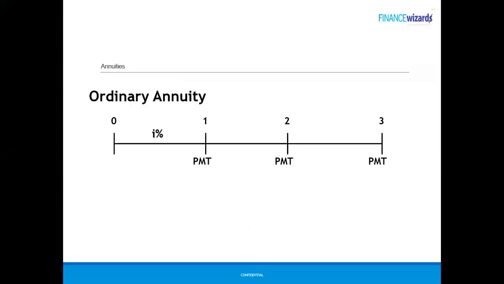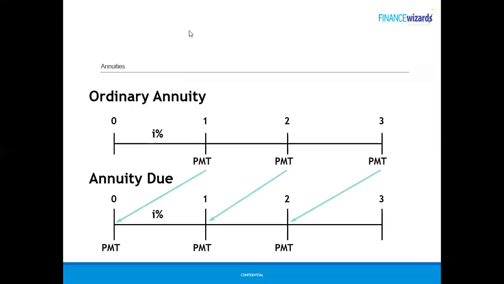Now see annuities. Ordinary annuity and annuity due, I told you. Annuities are annual payments. When you are getting the payment at the end of the period, it is called ordinary annuity. And when you are getting payment at the beginning of the period, this kind of annuity is known as annuity due. So what is the difference in calculation?